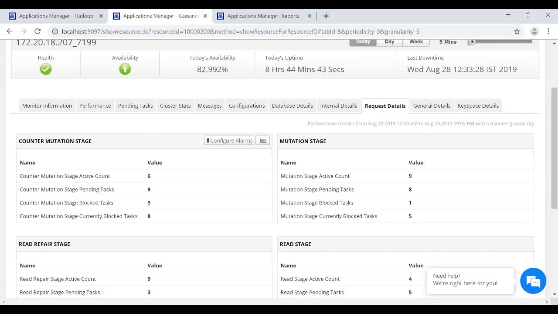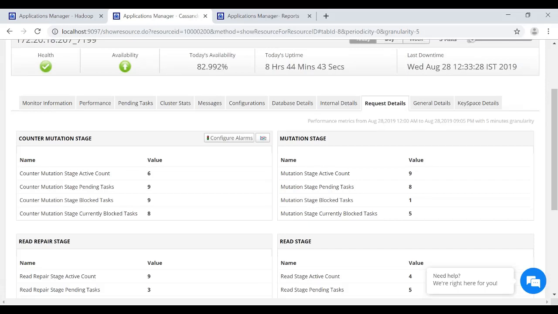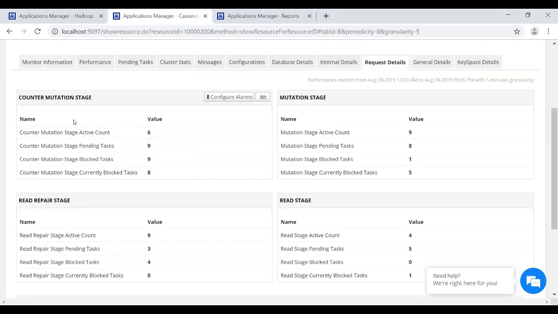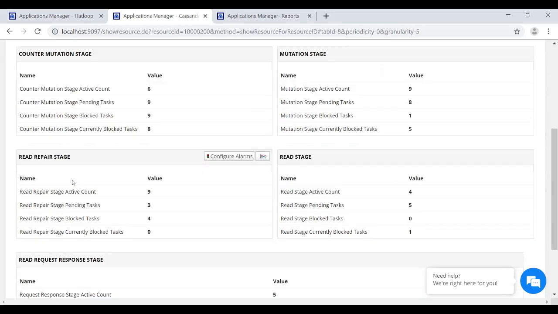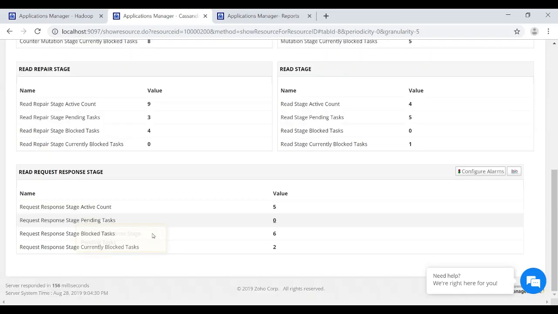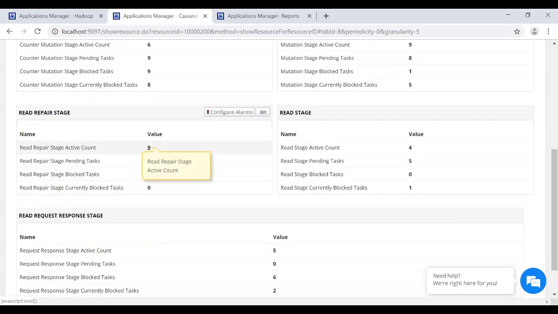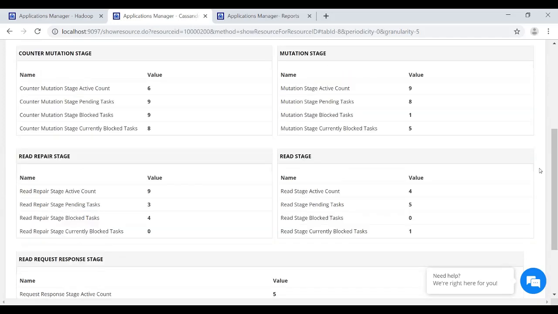So the number of requests in the counter mutation stage, as well as the count of requests that are active, the count of requests that are pending or blocked. So all of those across various stages, the read repair, the read stage, the read request response stage, as you can see here.